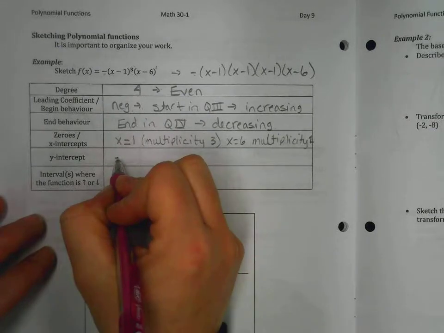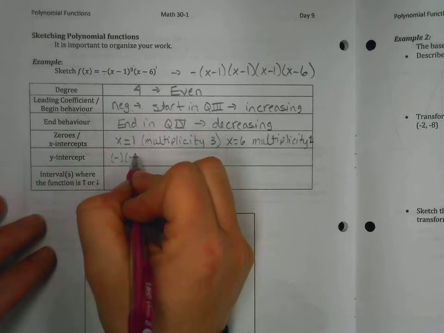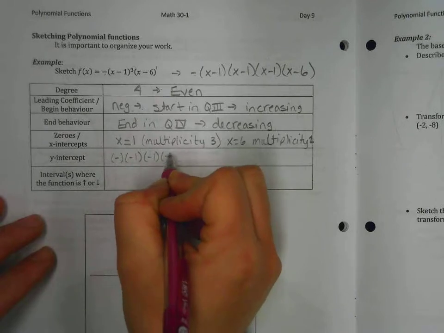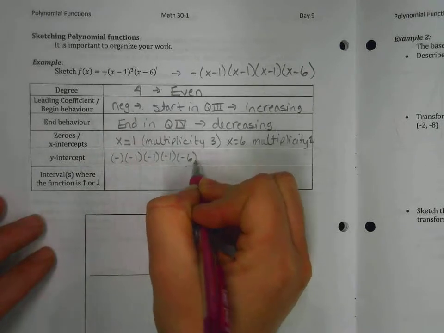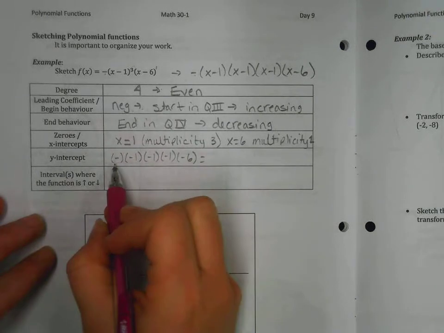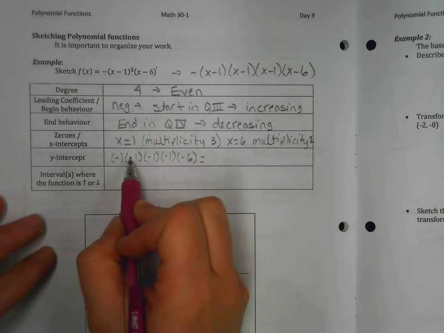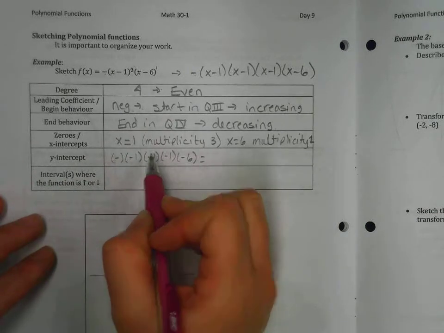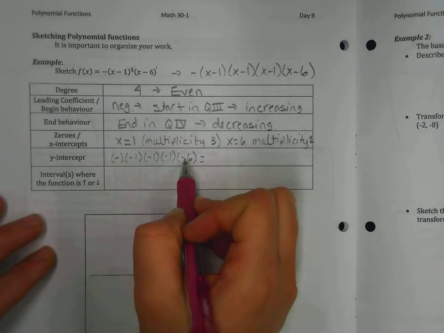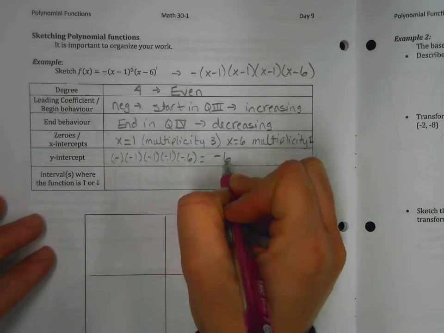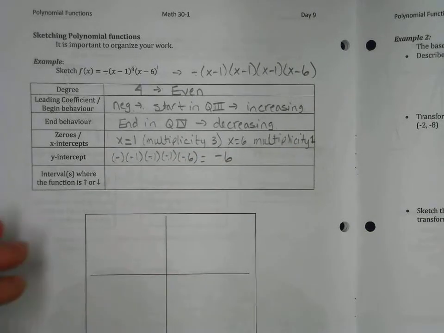Okay, so I'm taking negative times a negative 1 times a negative 1 times a negative 1 times a negative 6. And that will end up giving me a negative times negative positive times negative negative times a negative positive times a negative 6 is going to be a negative 6. So my y-intercept is going to occur at negative 6.